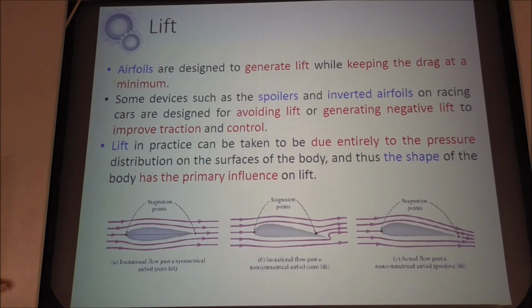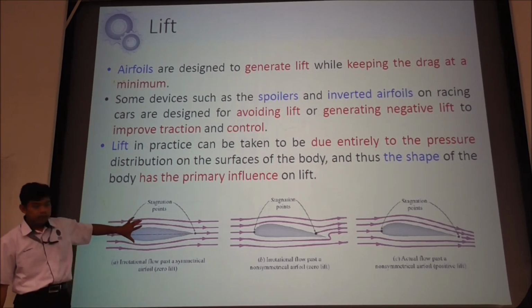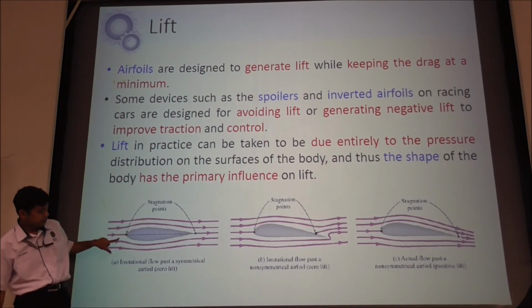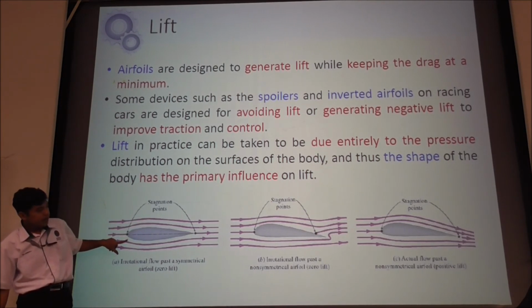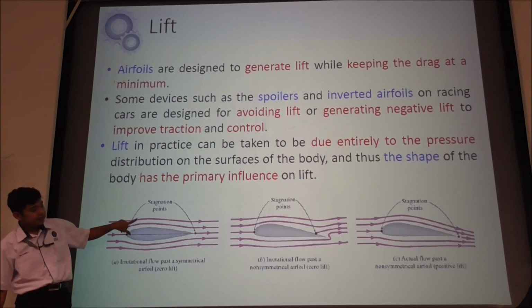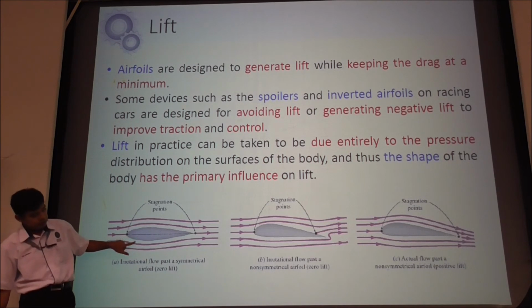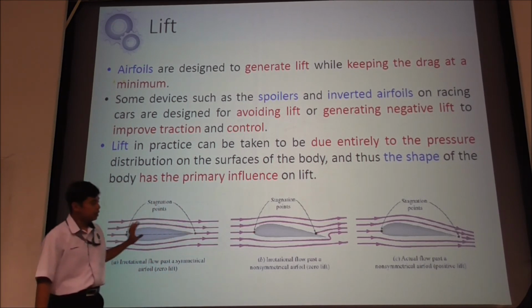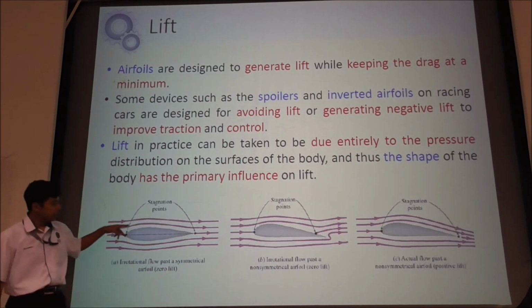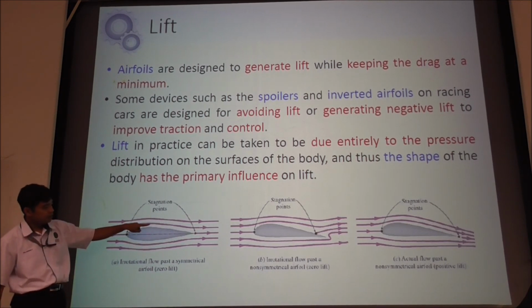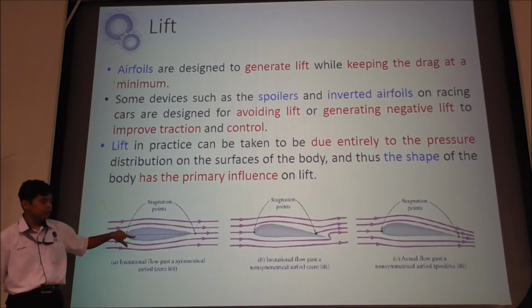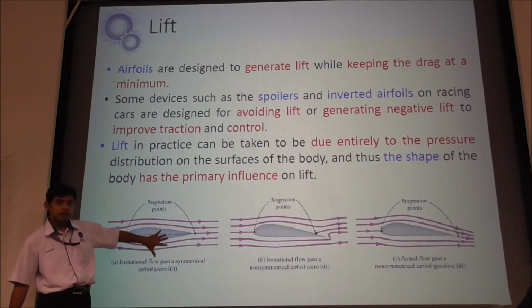Now, if you have done the experiment in the wind tunnel, you know that the airfoil has different profiles. Sometimes symmetric, sometimes non-symmetric, and the flow will behave differently. If you have a symmetric one, the velocity over here will be the same as the velocity over there, which means it will only provide drag and no lift.